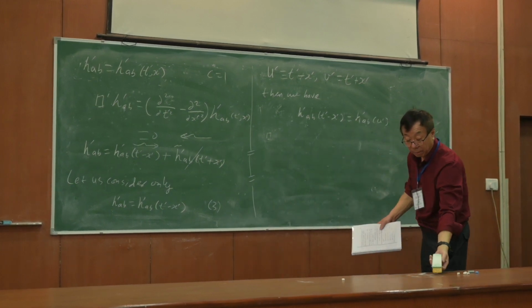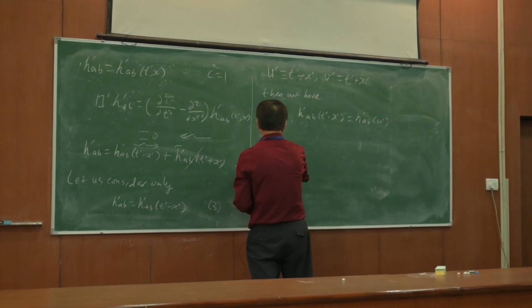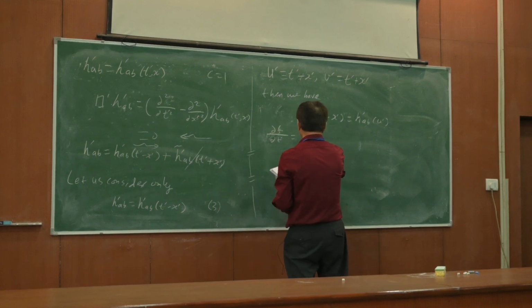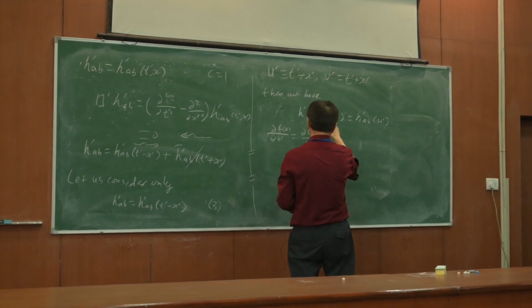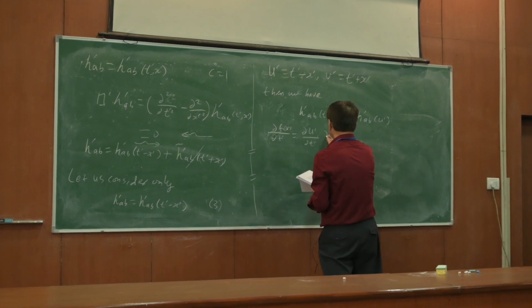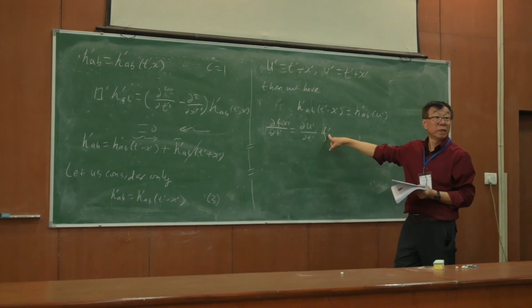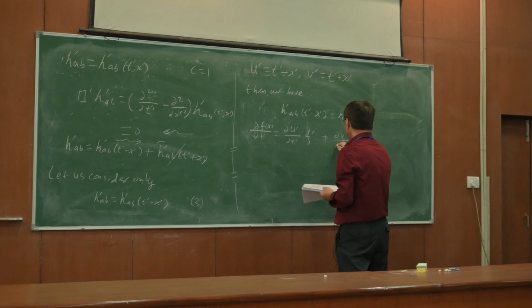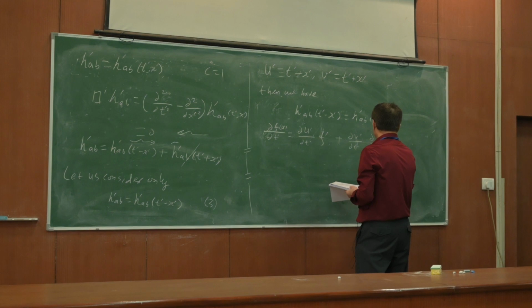If we do this, then for any given function f, df/dt prime equals du prime/dt prime times f prime, if this is only a function of u prime, which is exactly the case, plus dv prime/dt prime times df/dv prime.